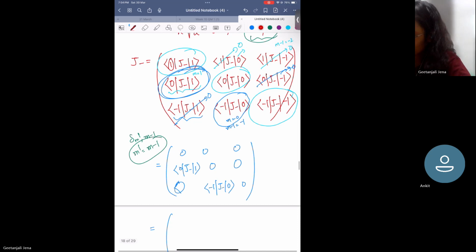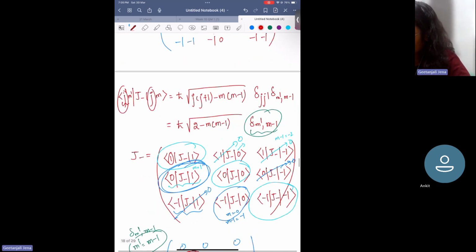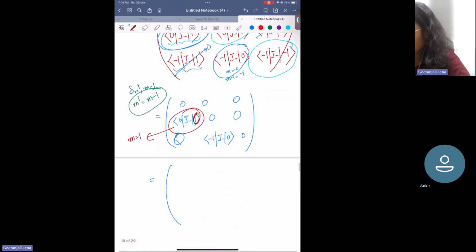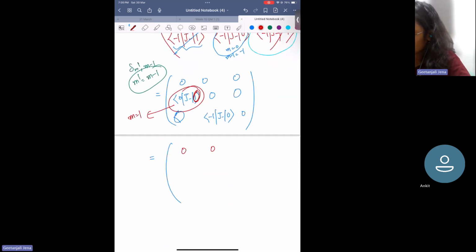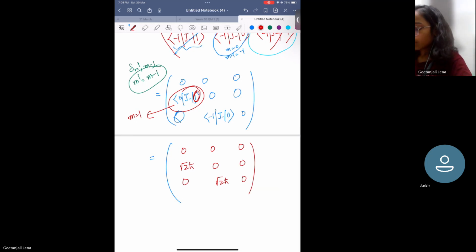So for this one, you see m is 1, right? M is 1. So if you put m is 1 here, this means m into m minus 1 would be 0. So you will get same root 2 h cut here also. You will get root 2 h cut 0, 0, 0, root 2 h cut 0.